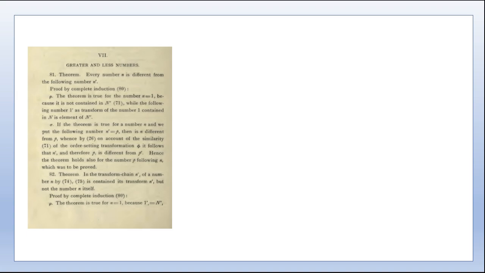So in the case when n equals 1, we need to show that n is different from n primed. And this is easy to show because we know that 1 is a part of N. Remember that N is equal to the chain of 1. And by theorem 45, a system A is always part of its own chain.